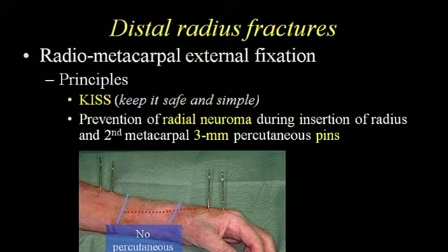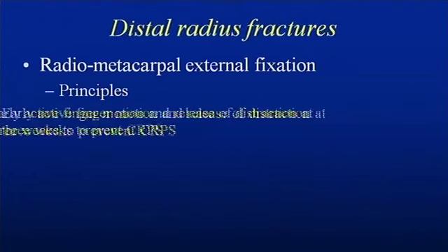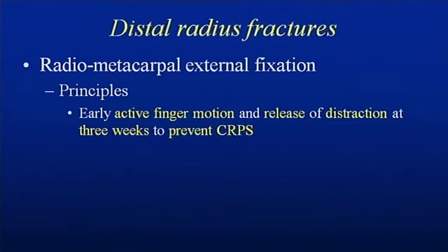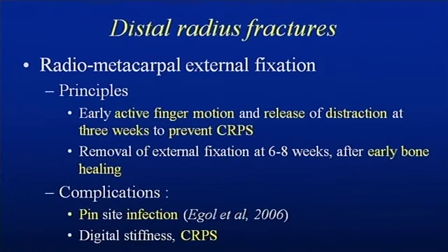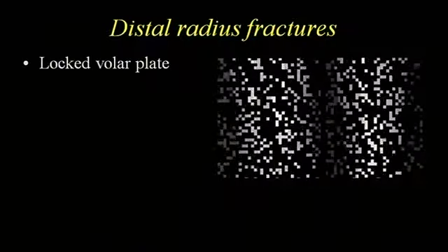You should install pin skin exit care to prevent infection. Install also early finger motion and release the distraction at 3 weeks to prevent CRPS. And the external fixator is removed after about 2 months after early bone healing. There are complications including pin site infection, digital stiffness, and CRPS.